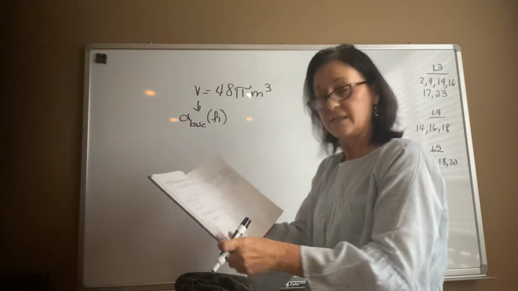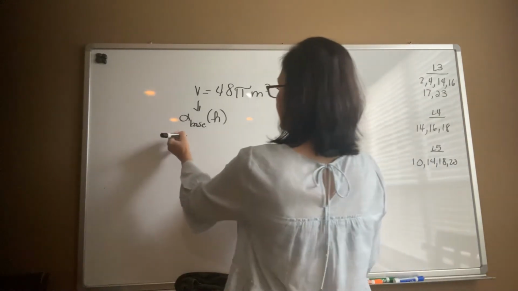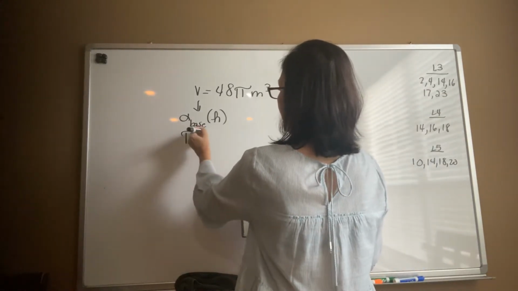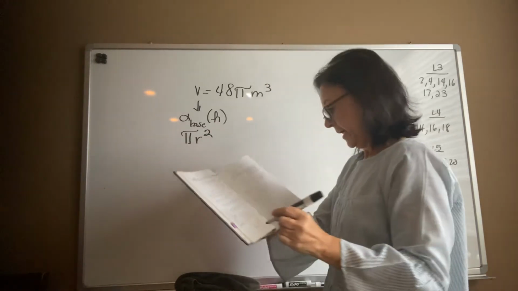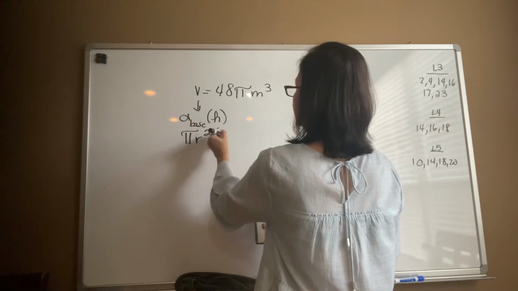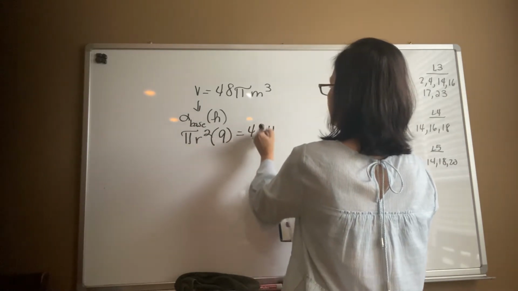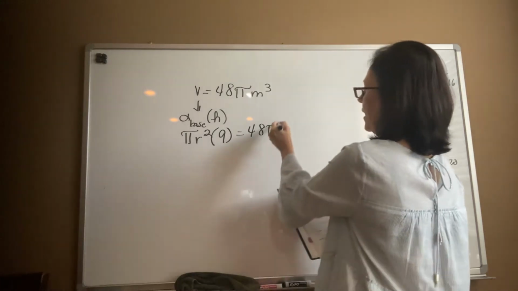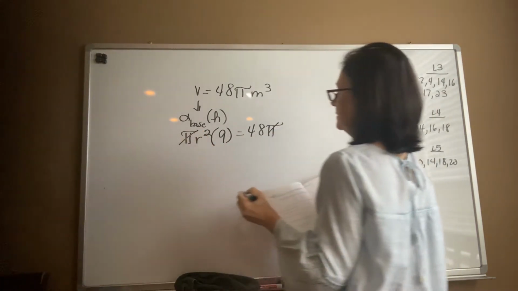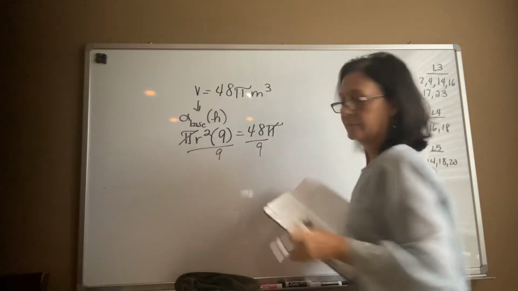Since the base is a circle, the area of the base is pi r squared. And the height is 9, so that will be times 9 equals 48 pi. Our pi's eliminate. We divide both sides by 9.